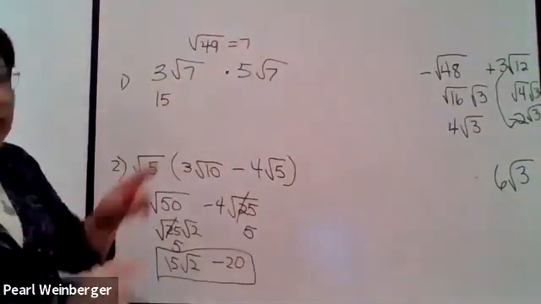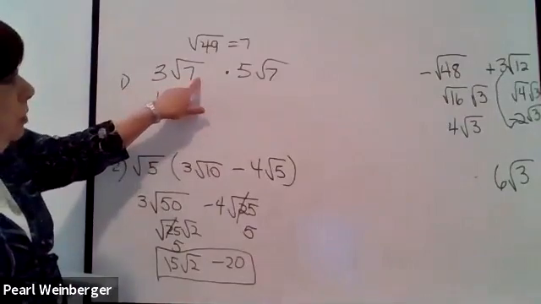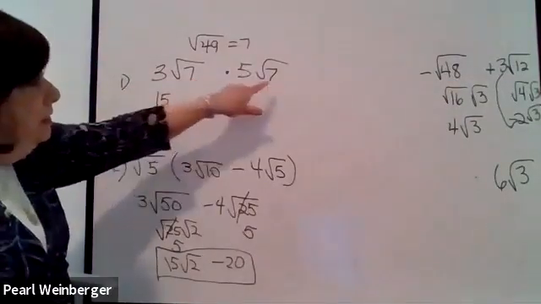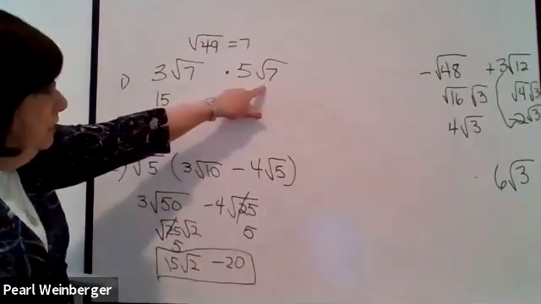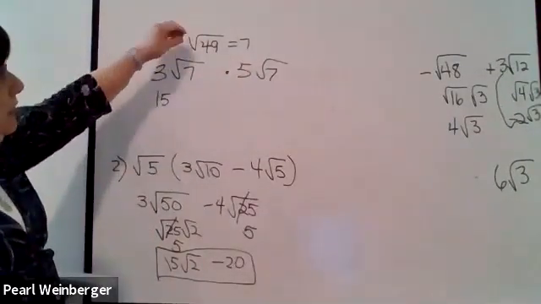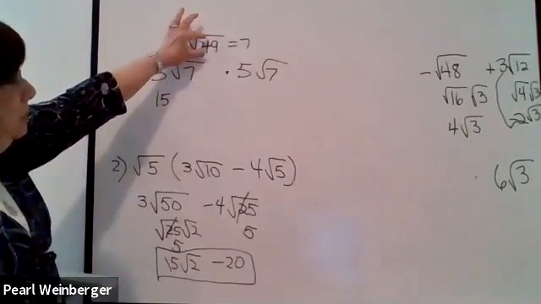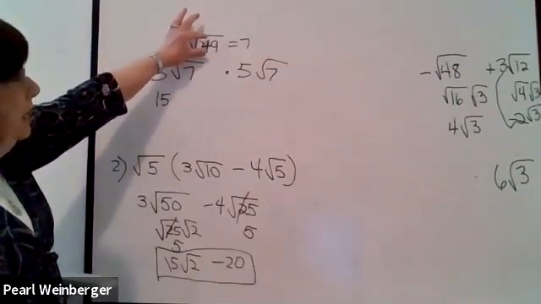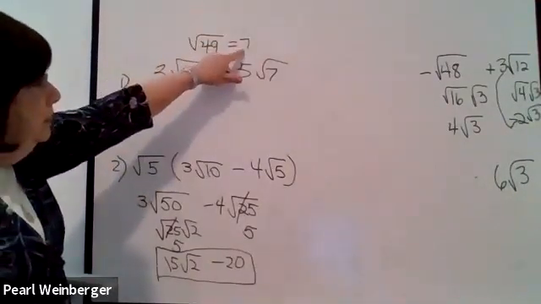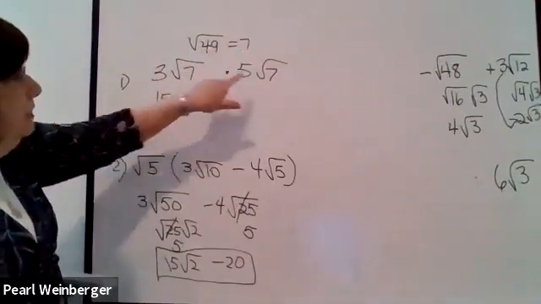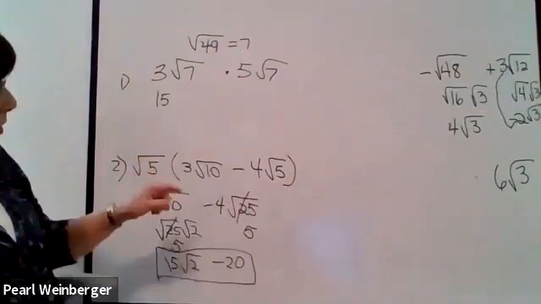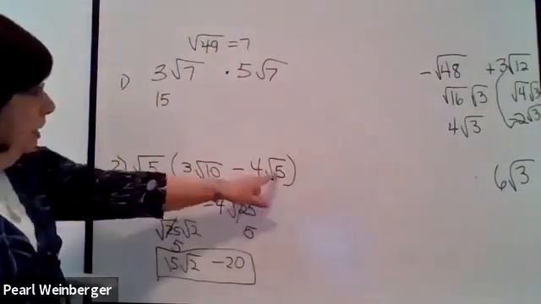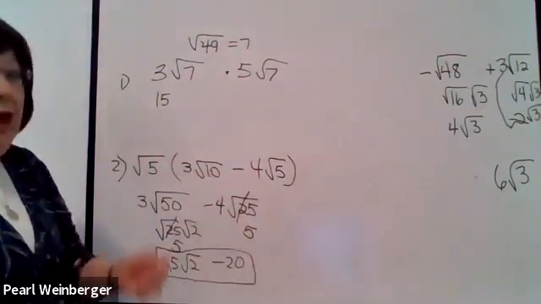Think about it. Anytime you're multiplying a radical by itself, like radical 7 times radical 7, the number you're going to get is going to be a perfect square that you'll be able to take its radical and just get the number. The radical 7 times the radical 7 will just give you 7. The radical 5 times the radical 5 just gives you 5.